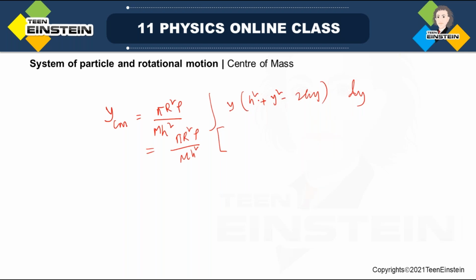So this is y square by 2, that means h square y square by 2, and this is cube, so 1 over 4 y to the power 4, minus 2h times y cube by 3, that is 2 by 3.